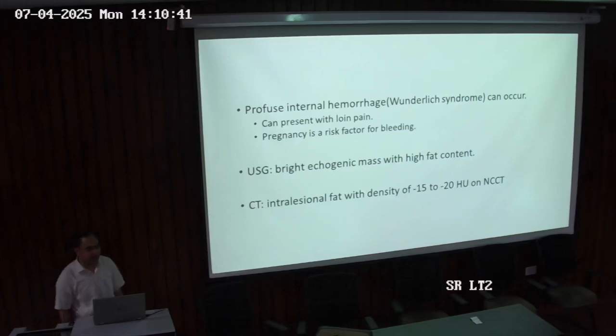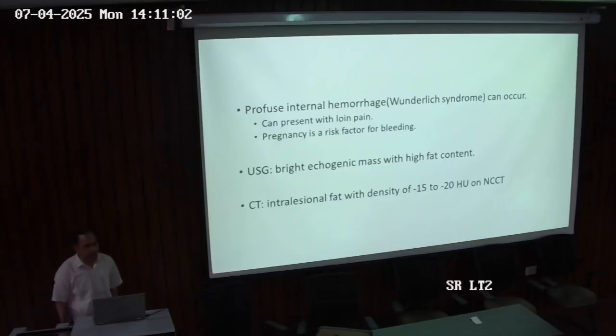Pregnancy is a risk factor for retroperitoneal bleeding from this tumor. Usually I will tell you the treatment according to the size of the tumor, but in pregnancy, even a small tumor has a chance of bleeding. So we will go earlier for a surgical approach.